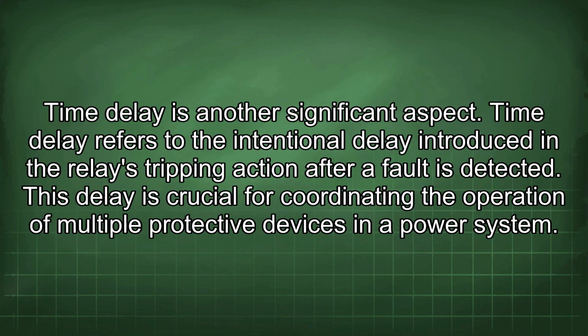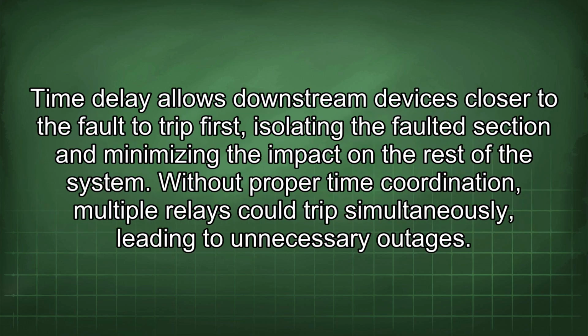Time delay is another significant aspect. Time delay refers to the intentional delay introduced in the relay's tripping action after a fault is detected. This delay is crucial for coordinating the operation of multiple protective devices in a power system. Time delay allows downstream devices closer to the fault to trip first, isolating the faulted section and minimizing the impact on the rest of the system.